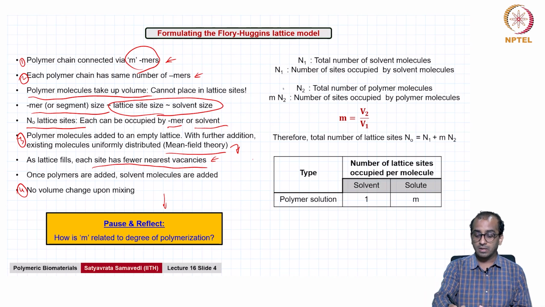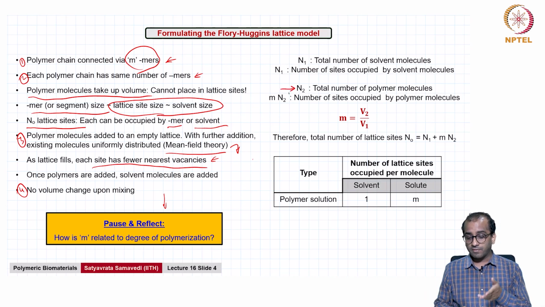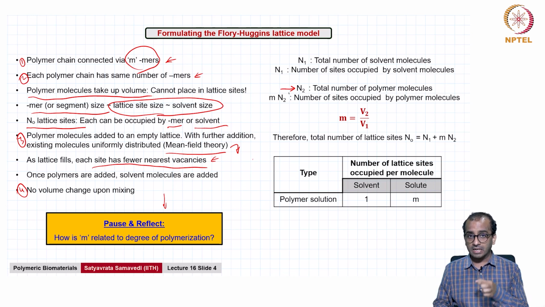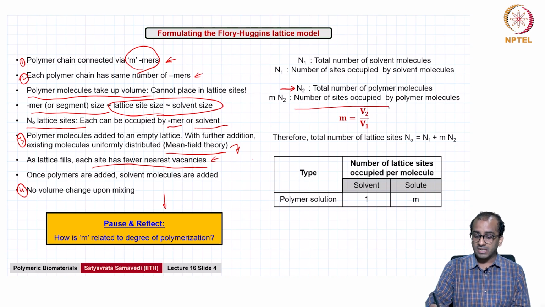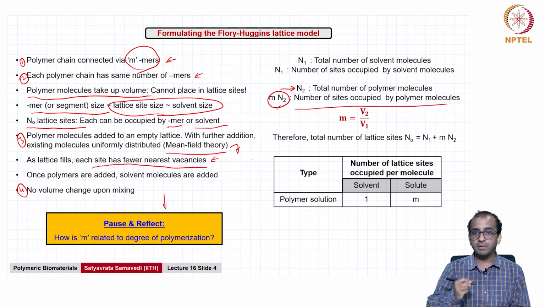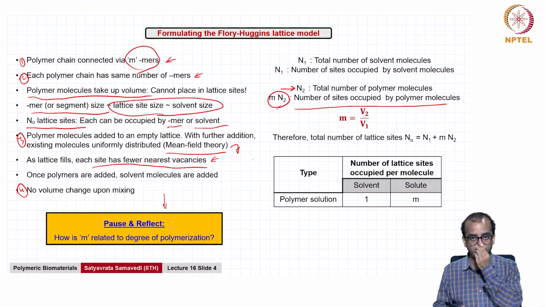Namely, here you have N2 total number of polymer molecules, but remember that I can't fit N2 polymer molecules onto N2 lattice sites because of the size. So now I can only fit one mer per lattice site, which means the number of sites that are occupied by the polymer molecules will be m times N2, where m is the number of mers per chain, and across chains you assume that number remains the same.